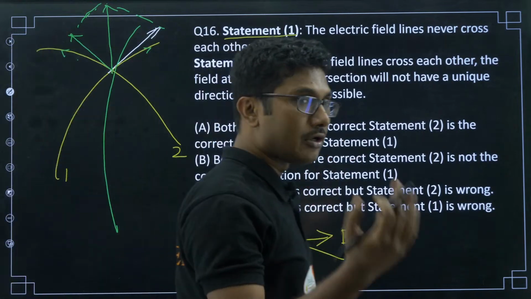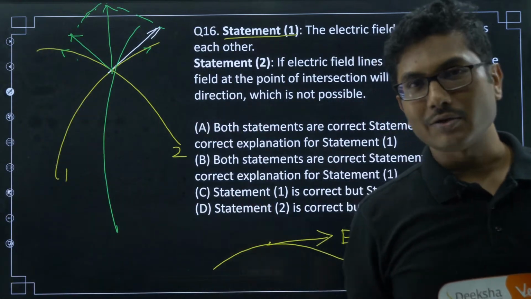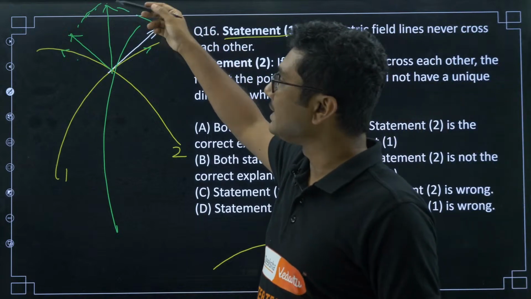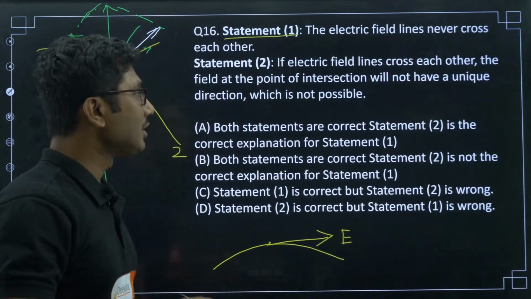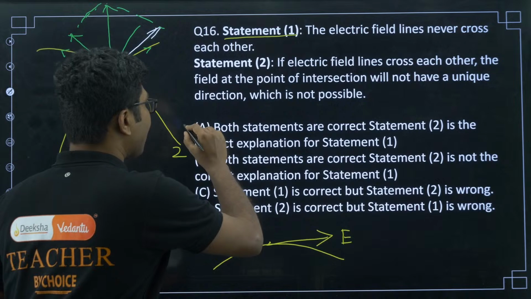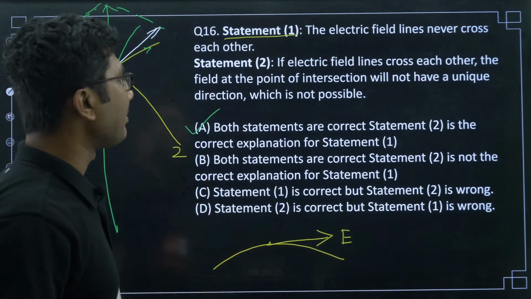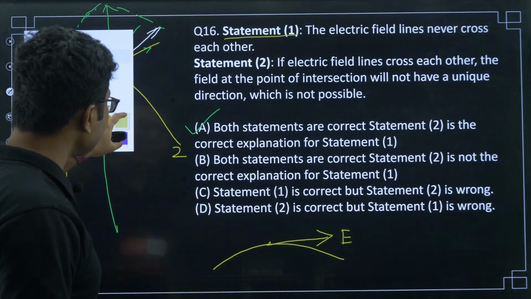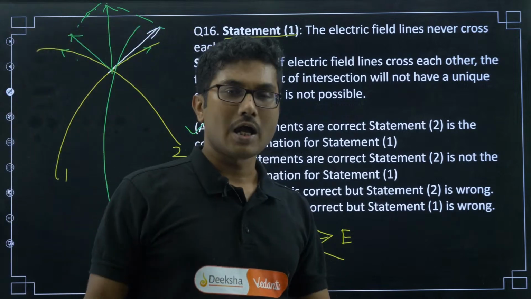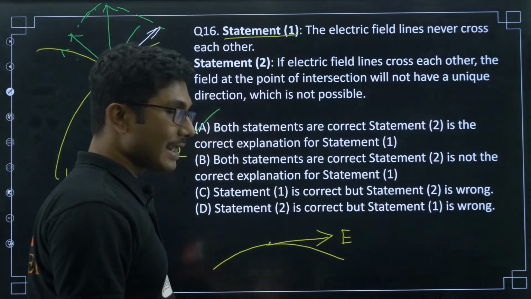So, you will not see two electric field lines crossing each other, you will only see the resultant electric field, which will be completely different. So, both statements are correct and statement 2 is the correct explanation of statement 1. Yes, 16A is the correct answer.